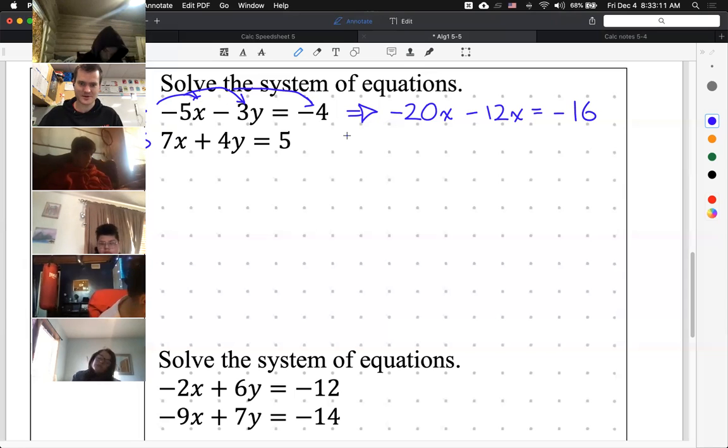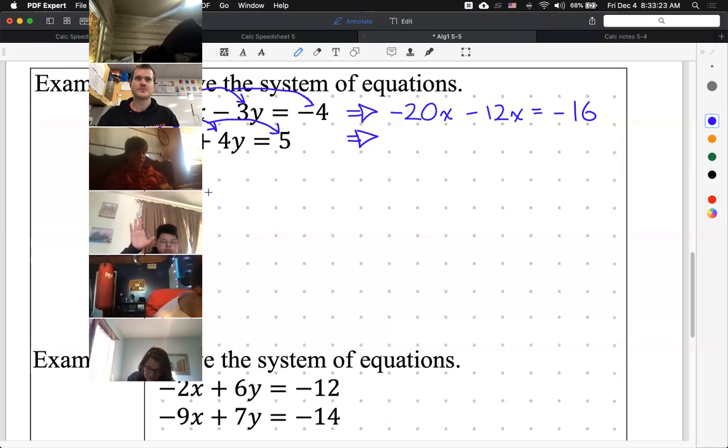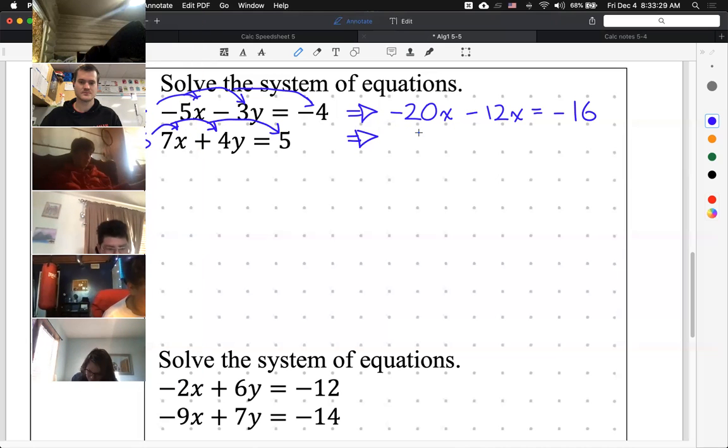And I need a second volunteer. Can we distribute the 3 into the 7x, 4y, and 5? All 3 of these. So distribute this one as well. Chunk, chunk, chunk. Yeah, Diego. It would be negative 21x. Wait, -21?